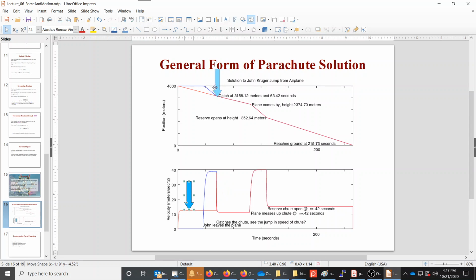You can see here, it's kind of hard to see, but this line here has a little bit less slope than the parachute's line did before he caught it. The slope is slightly different there, but the way the simulation worked, it's hard to tell that change in difference. But then here's where that plane comes back around and messes up his parachute, and he starts falling again.